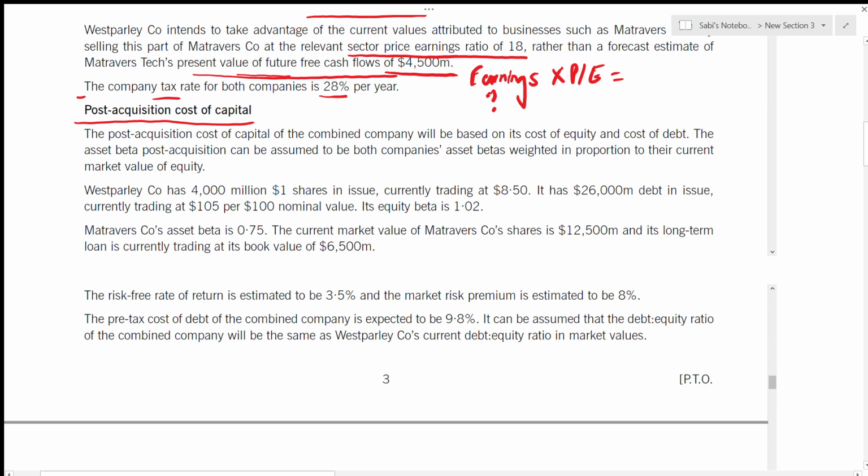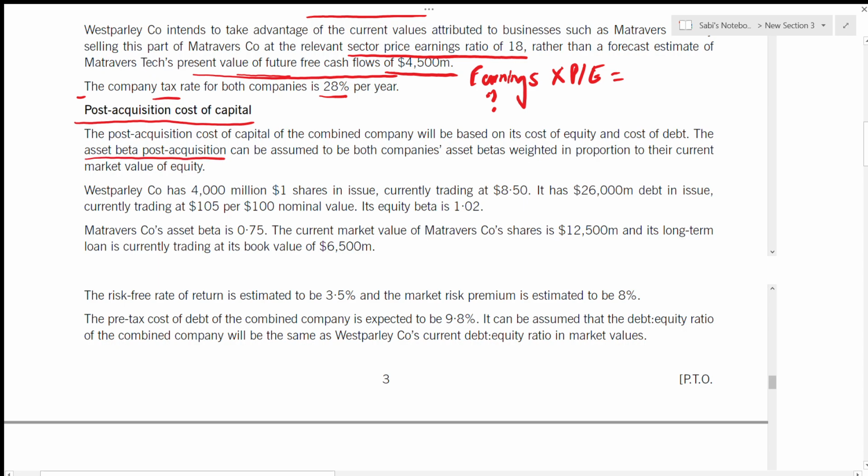Even if they don't mention, it's common sense. We know that. So the asset beta post-acquisition can be assumed to be both companies' asset betas weighted in proportion to their current market value of equity. Now this is very important.